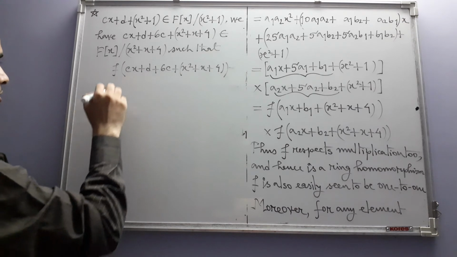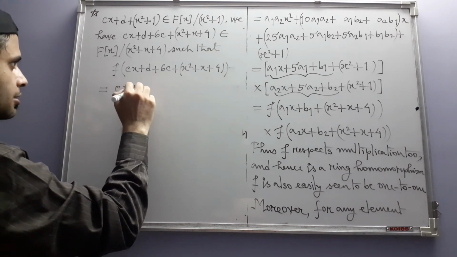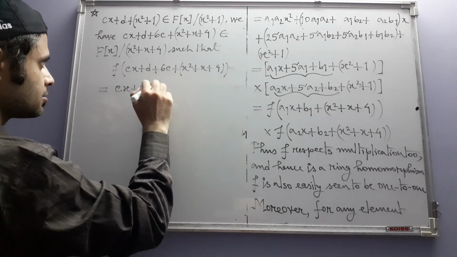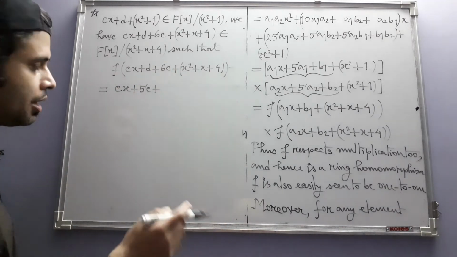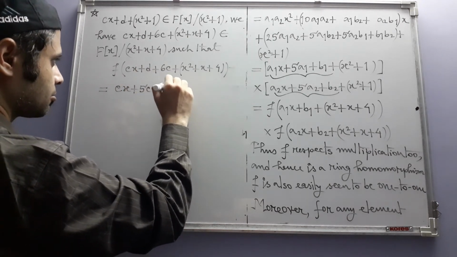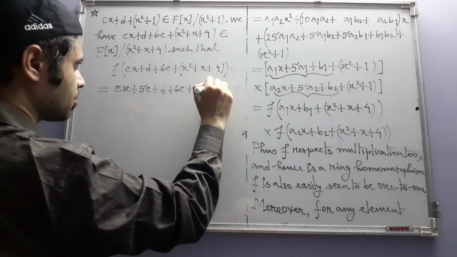According to the definition of our function, it will be cx plus 5c plus that is 5a plus b, and the b is d plus 6c plus x square plus 1.